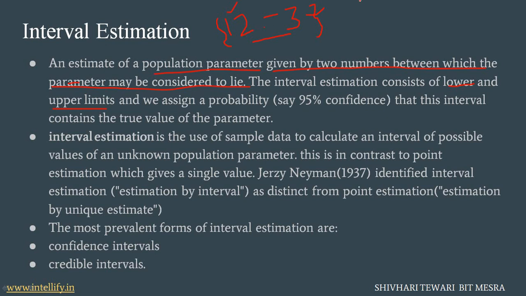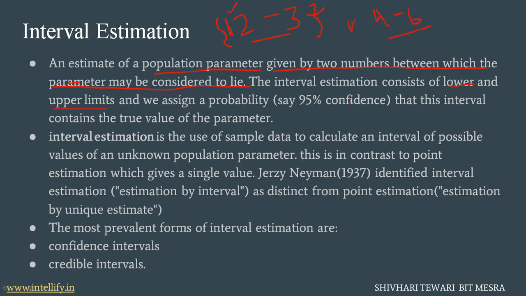Or we can say another example, like the busiest schedule of an office lies between 4 p.m. and 6 p.m. So these kinds of estimations are known as interval estimations.